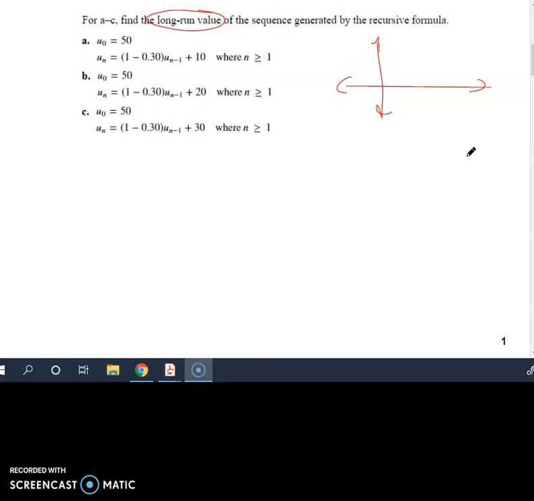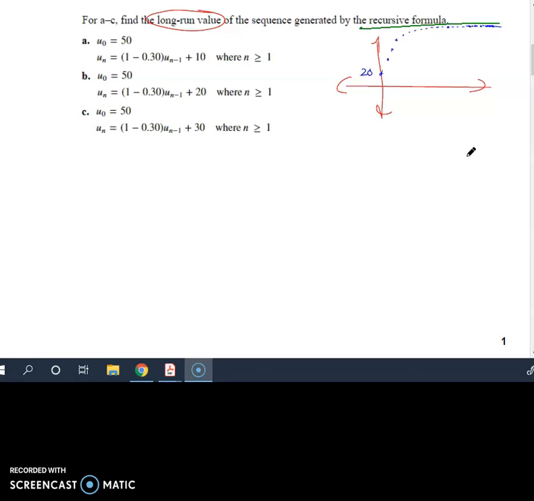What we need to understand is that as the graph, let's say it starts here at 20, the points are further apart, and then as the graph begins to get closer and closer to that long run value, the points get closer and closer together. And if I go far enough out, eventually the points would be so close together that we probably couldn't even tell the difference on a calculator when trying to calculate the answers.